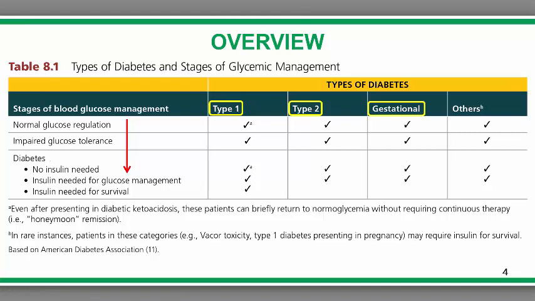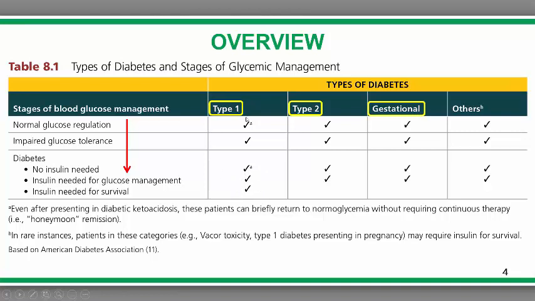And the approach for treatment does vary based upon the severity, from no insulin being needed, to the need for providing insulin just for effective management, to the most extreme case where insulin is needed for survival. And we see that people afflicted with type 1 diabetes mellitus are characterized by essentially all three levels here.